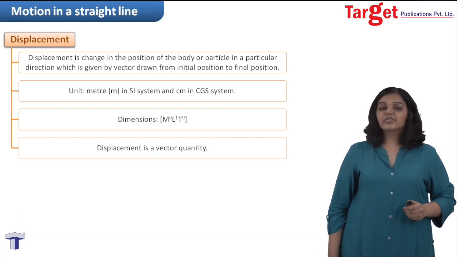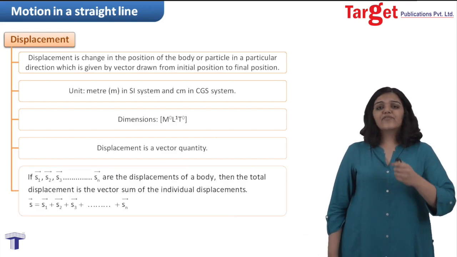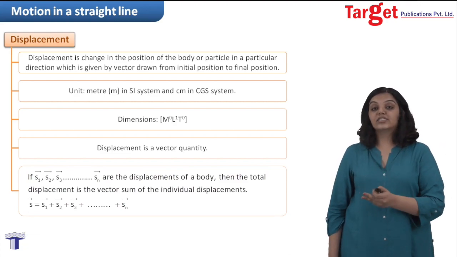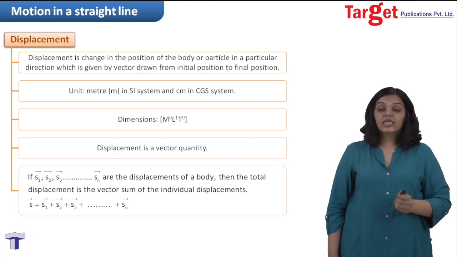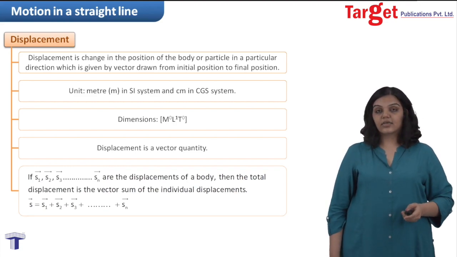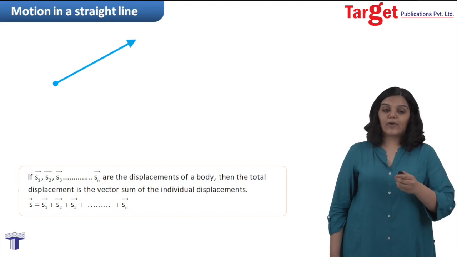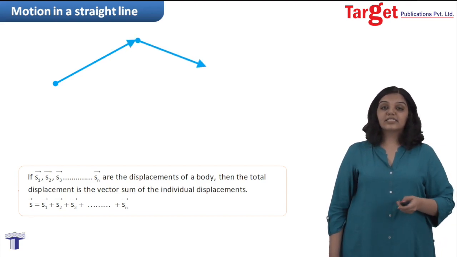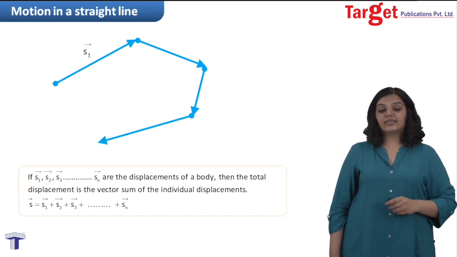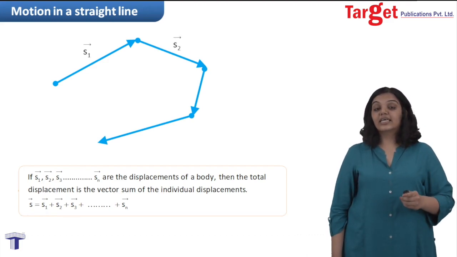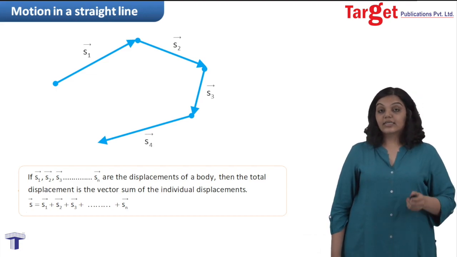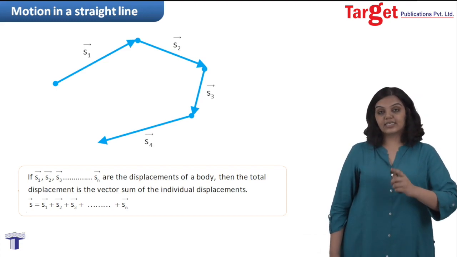The key point about displacement to remember is that if you have multiple displacements, for example S1, S2, S3 in multiple directions, the total displacement is the vector sum of all the displacements. For example, if I begin from a point and have multiple displacements in different directions, let's say S1 in one direction, S2 in another, S3 in a third and S4 in a fourth, the total displacement is a vector sum.